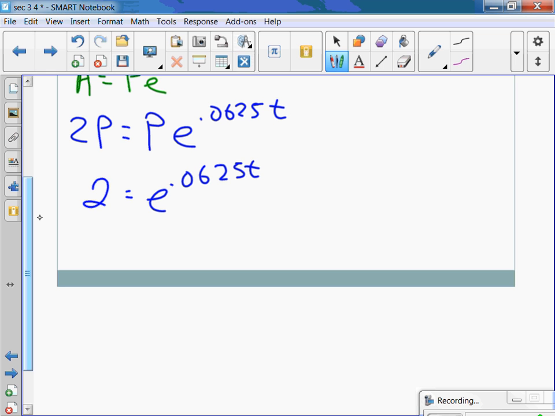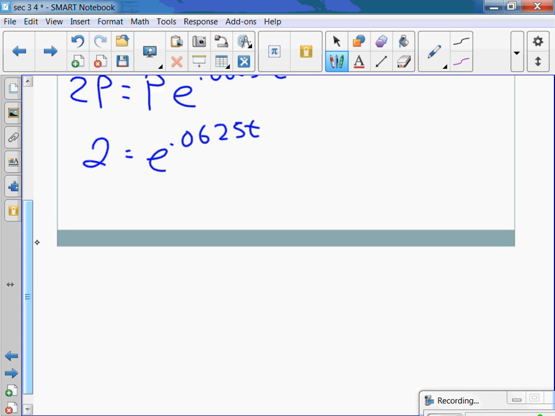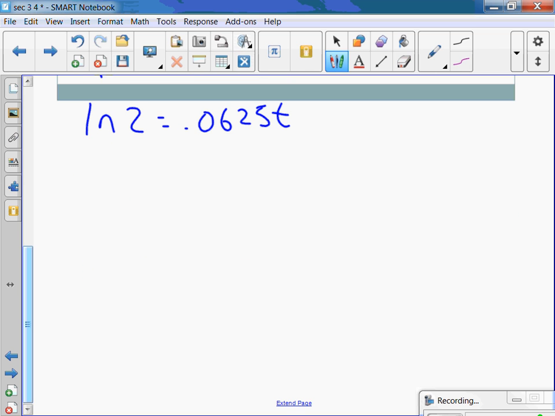If I take the natural log, I'm going to wind up with the log form. Right? Divide by the rate.